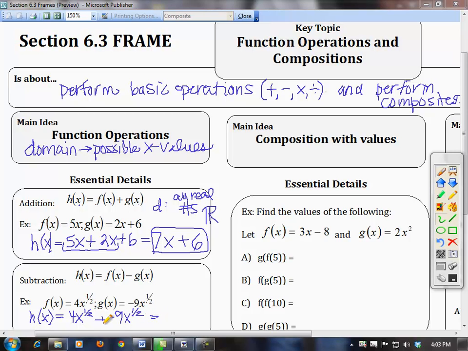Subtracting a negative, we know, is making a positive. And these are like terms because they have the same variable and the same exponent. So I'm asking you to add 4 of something plus 9 of something, which is 13 of those somethings: 13x to the 1/2.